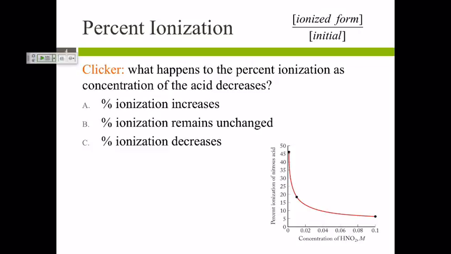So let's take a look at this graph here. And I want you guys to try to infer some information from what you see on this graph about percent ionization related to concentration.